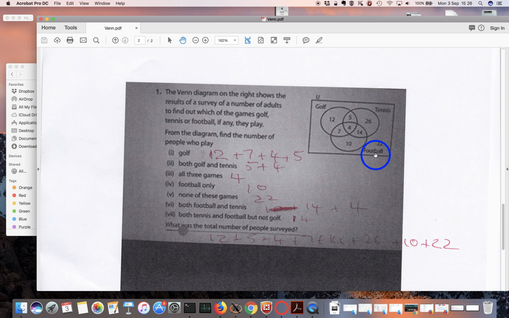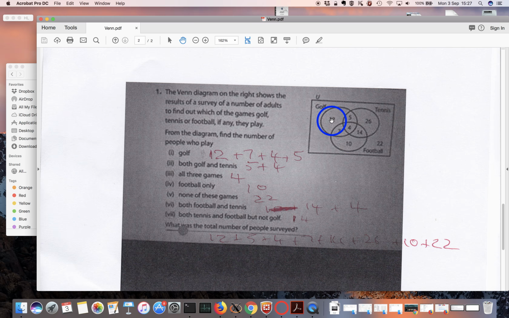So this Venn diagram is just a way to visualize all the different sets and the relationships between them. That's the key point. Here you have the set of golf. This is from some questionnaire. You have the people who play golf, and there's 12, and this 12 means there are 12 people who just play golf.